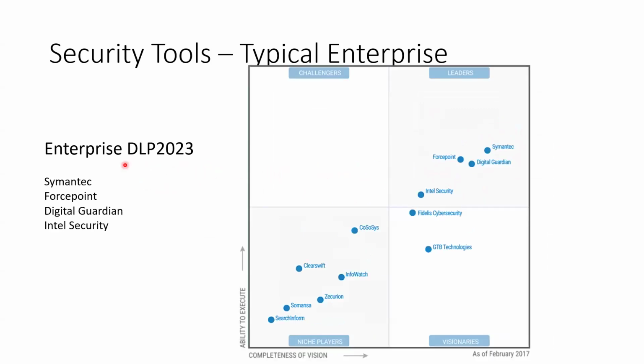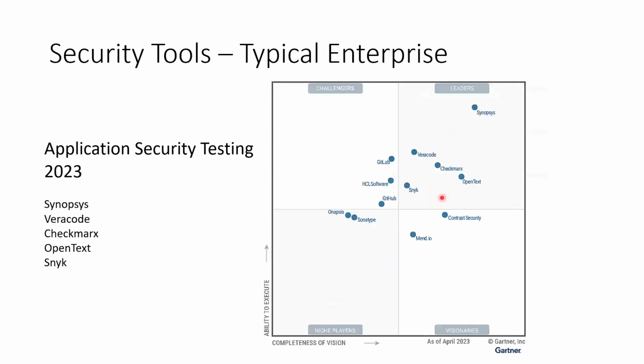Then the top leading enterprise data loss prevention tools are Symantec, Digital Guardian, Forcepoint, Intel Security. Then application security testing, like we have already discussed about the secure software development lifecycle, in which we perform security testing of our code to identify any vulnerabilities, backdoors present in our code, or supply chain attacks.